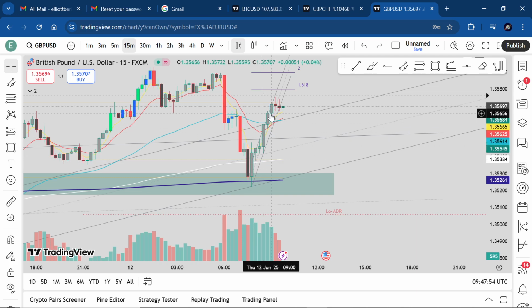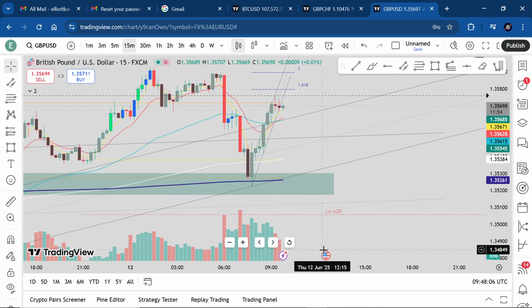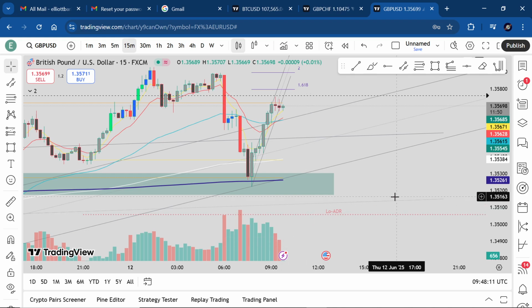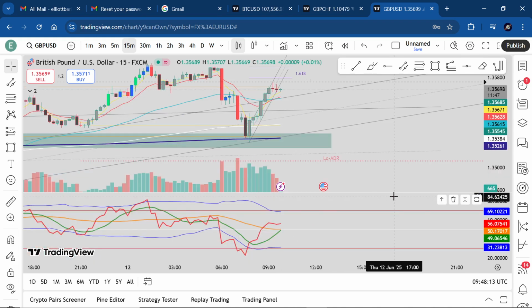One, then higher in this one, and higher in this one, okay? This is a pullback, as you can see. 1, 2, the red candles. If you look at the red candles, declining as it's coming down, meaning volume isn't supporting the move down. That move down is a corrective move down, okay?